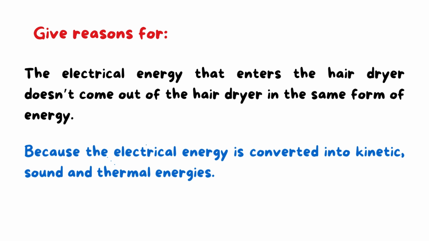Because the electrical energy is converted in the hair dryer into kinetic, sound, and thermal energies, okay? So here you talk about this energy being converted into other energy, even if the question is about a hair dryer or mobile phone or blender or any device, okay?